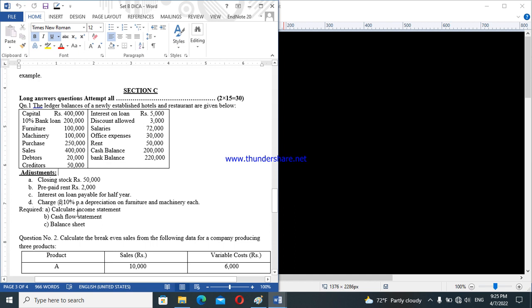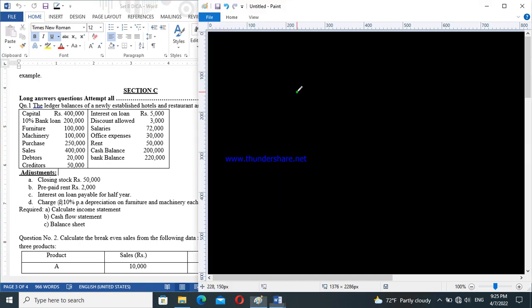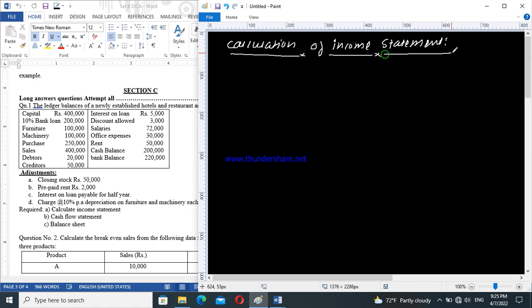Therefore, firstly I will calculate the income statement from this data. Calculation of income statement. As we didn't have any date, therefore directly you can write above this statement.